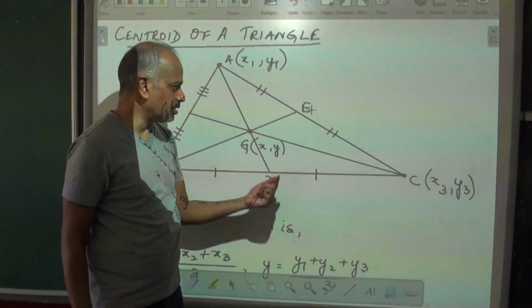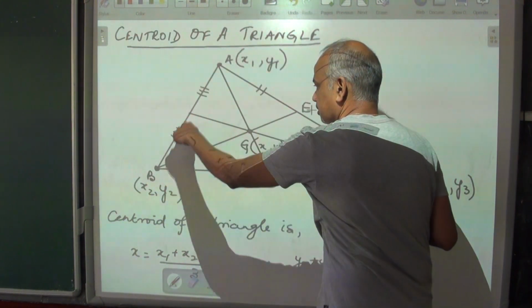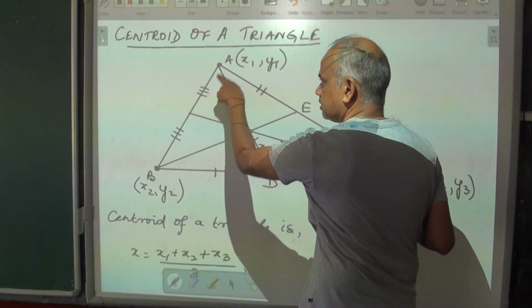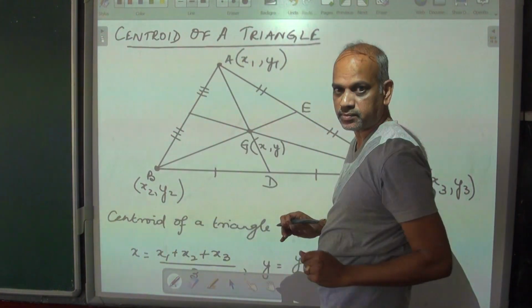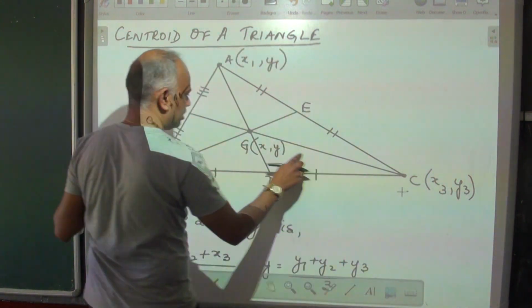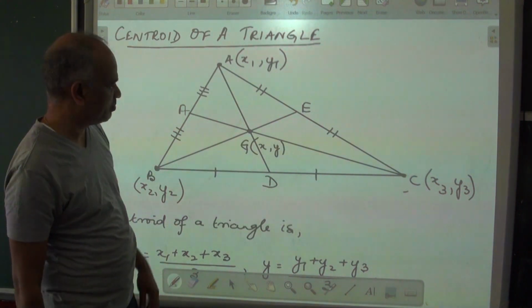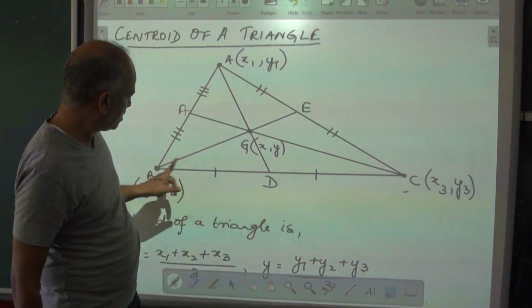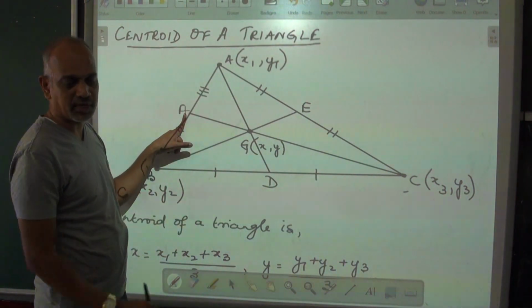And the third median starts from C and it goes to the opposite side. The opposite side is AB, and it divides that into two equal parts. So this part and this part are equal. So CF is the third median. AD is the first median, BE is the second median, CF is the third median.